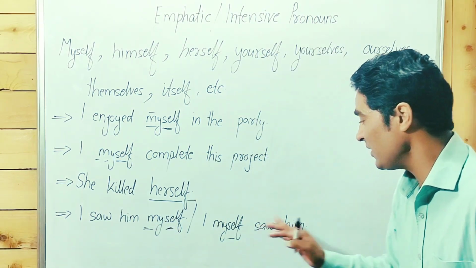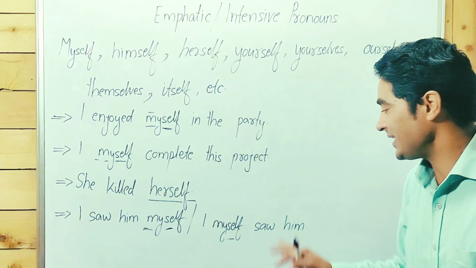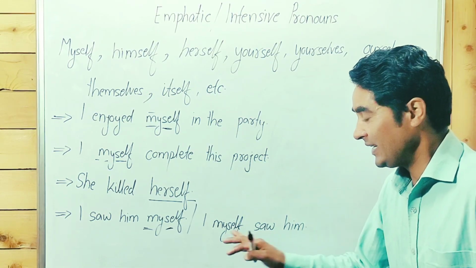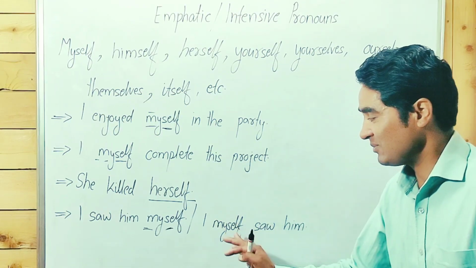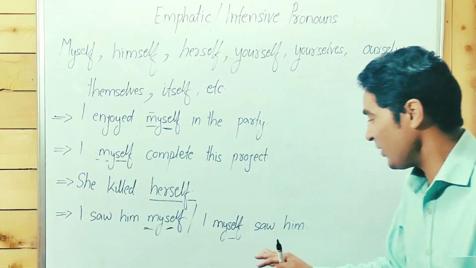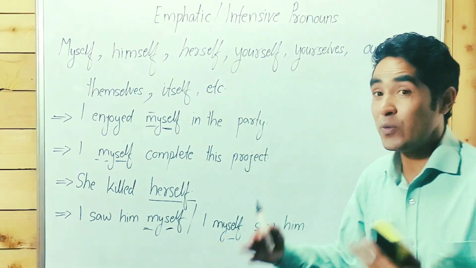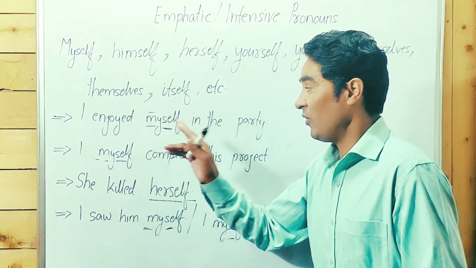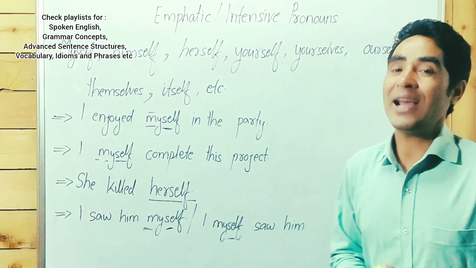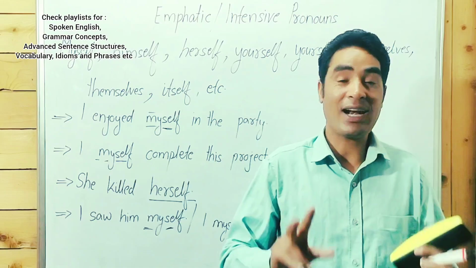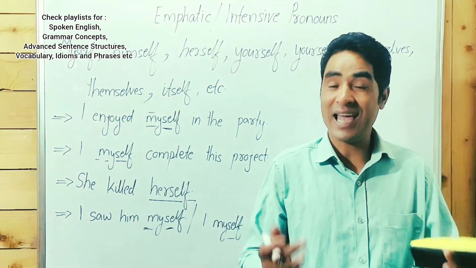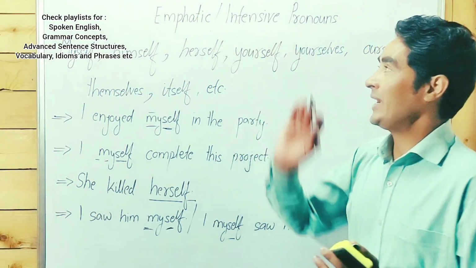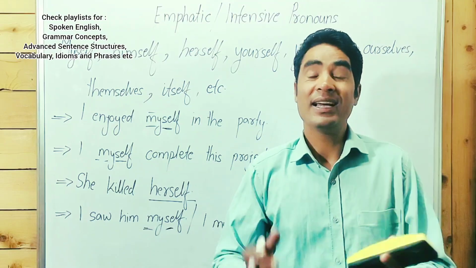I myself saw him. Emphatic pronoun. After a subject we use an emphatic pronoun, but after a verb we use reflexive pronouns. There are two methods to recognize which one is an emphatic pronoun and which one is a reflexive pronoun.